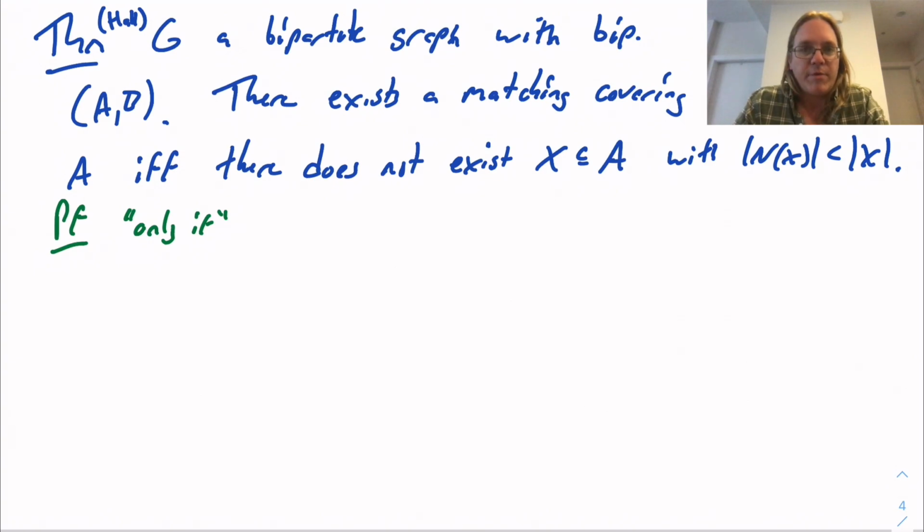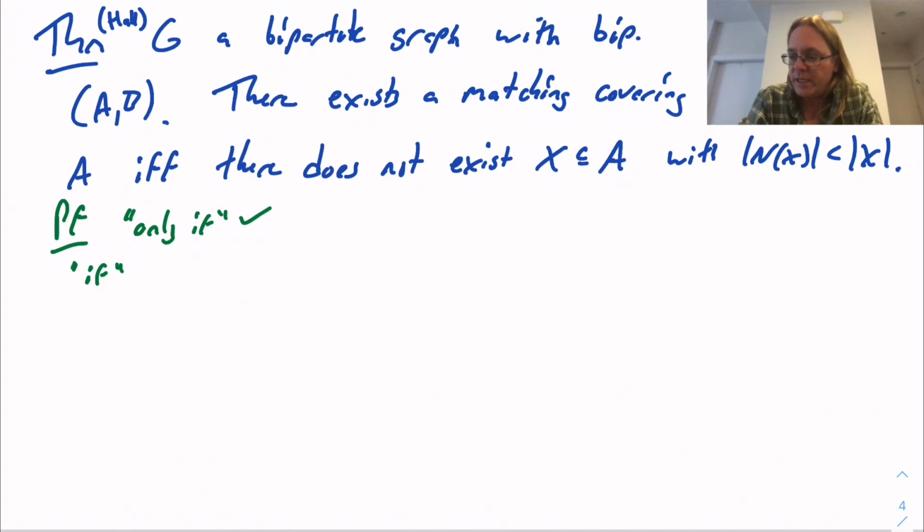If you have a matching covering A, that's going to imply that there does not exist a subset X of A with a smaller neighbor set than X. Again, this is just a pigeonhole principle observation.